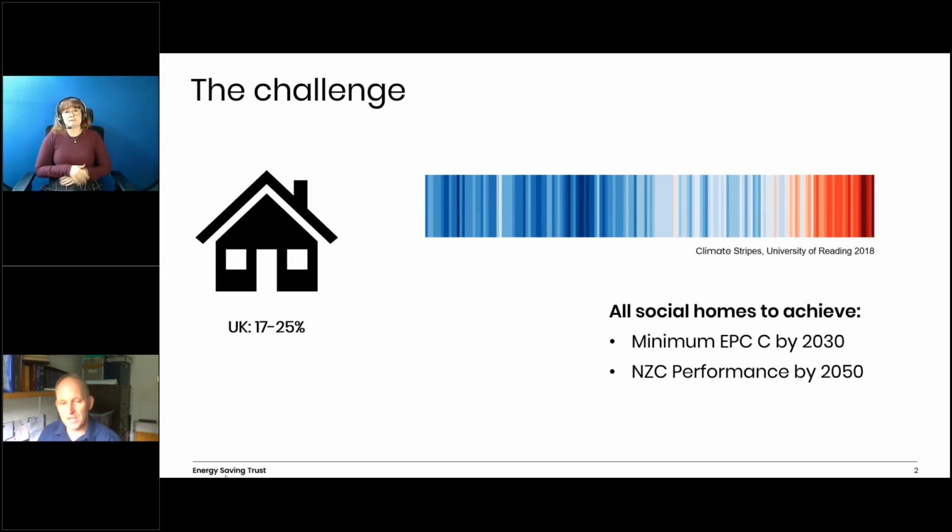And so getting those decarbonised is of essence, really important in meeting the decarbonisation challenge. Bringing it closer still, social housing, there's the policy target of having no housing below EPC C by 2030, and then getting all housing to net zero carbon by 2050, which is an altogether bigger challenge, really. Next slide, please.